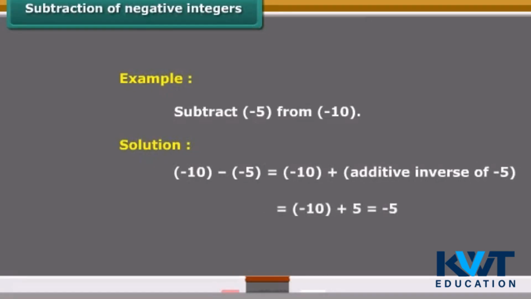This is the same as -10 plus -5, as the additive inverse of 5 is -5. First, we move 5 steps to the left on the number line, starting from -10. We reach -15.